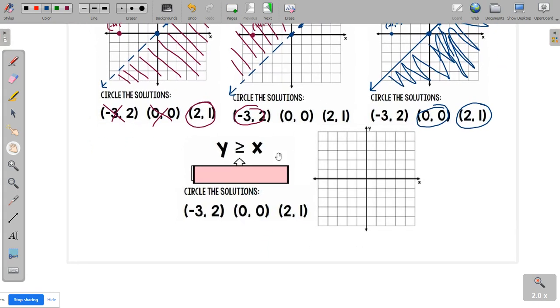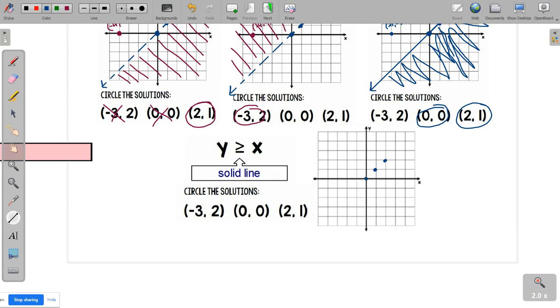Let's look at the last example here. We have y is greater than or equal to x. Greater than or equal to is a solid line. We have the same equation. So our y-intercept is 0. We have a slope of 1.